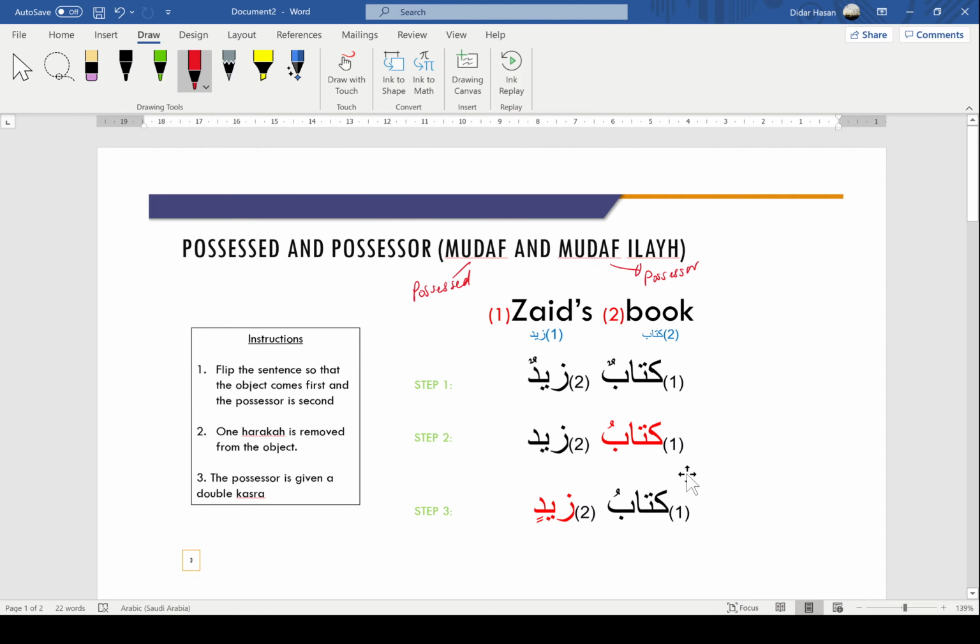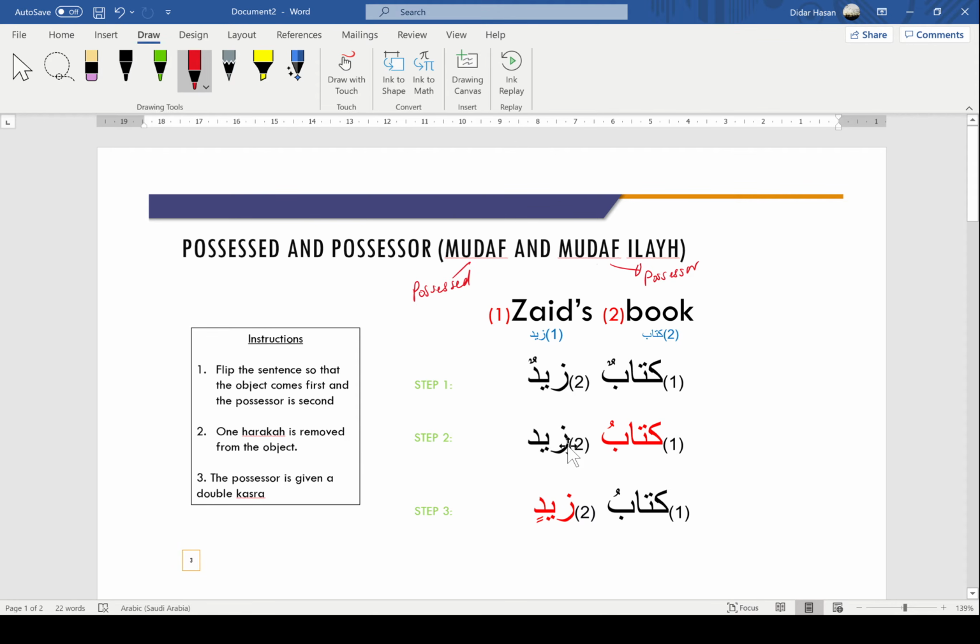So just very quickly: number 1, you write down the Arabic words, Zayd and book. Step 1, the object that's being possessed comes first. You write that first, and then you write the possessor second: kitabun Zaydun. Step number 2, give the mudaf, the object being possessed, one dhamma, kitabu.